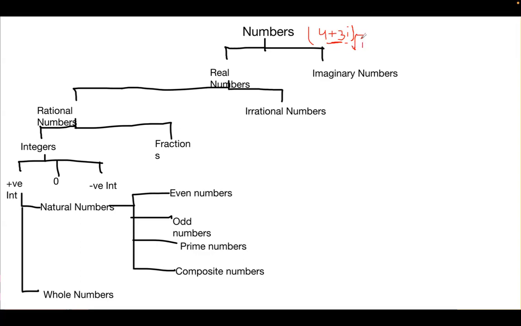This is the root of minus 1, i. This i denotes the imaginary number. So 4 plus 3i. These imaginary numbers, let us talk about later.